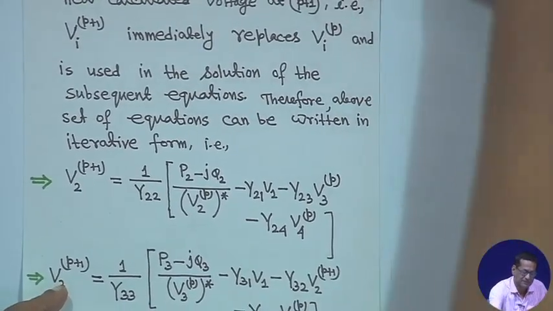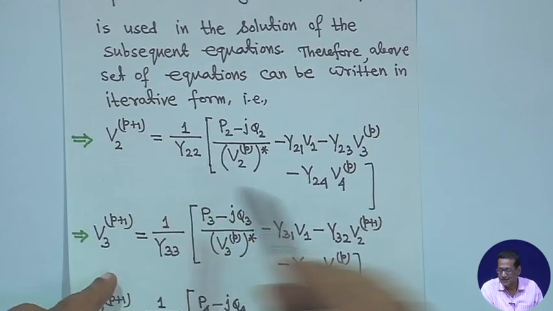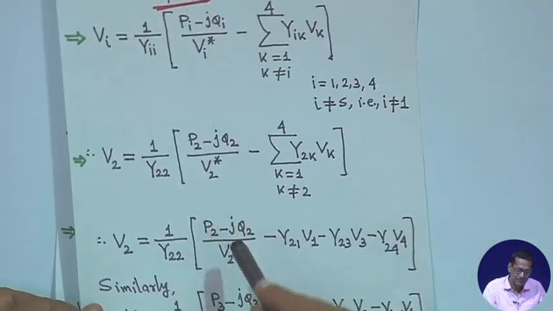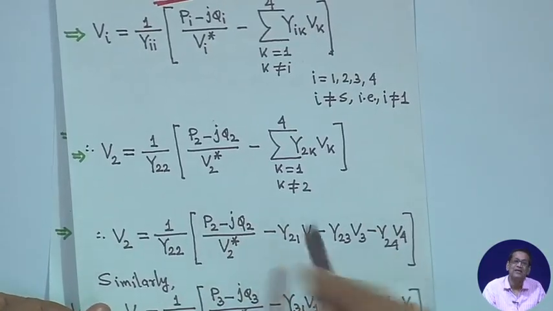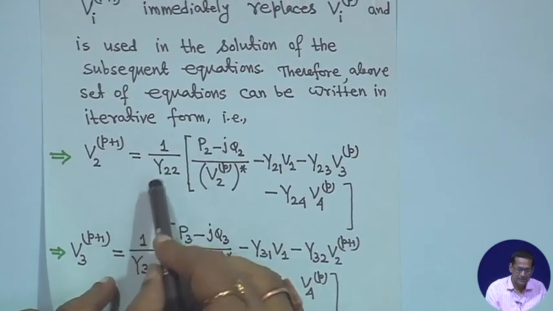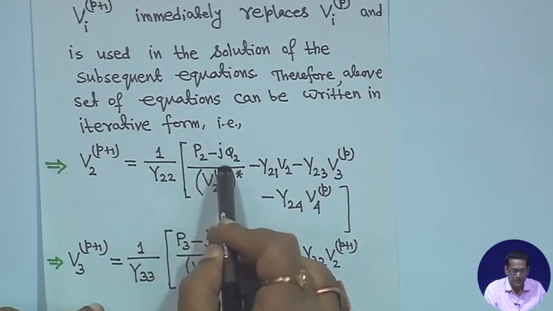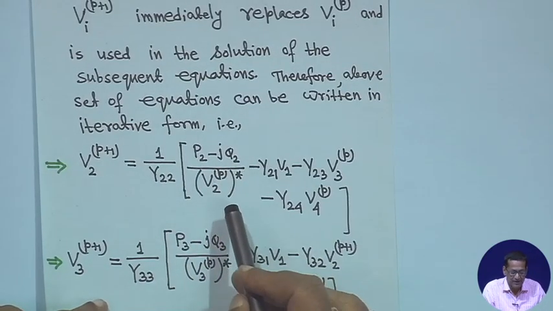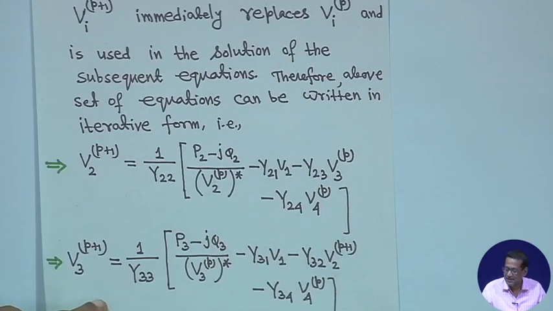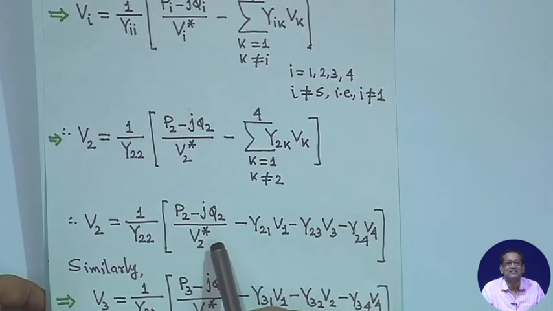So, in terms of iteration, P is the iteration count, I can write this V2 equation in terms of P. That means V2^(P+1) is equal to 1 upon capital Y22, these are parameters, times (P2 minus jQ2), these are known, divided by V2^P conjugate, because here I have to use the initial values.